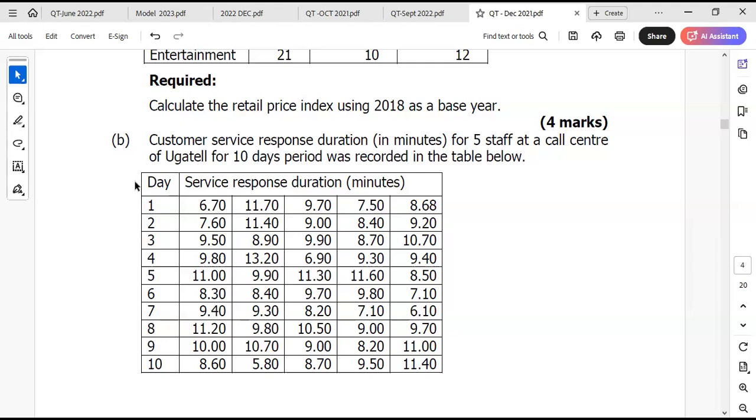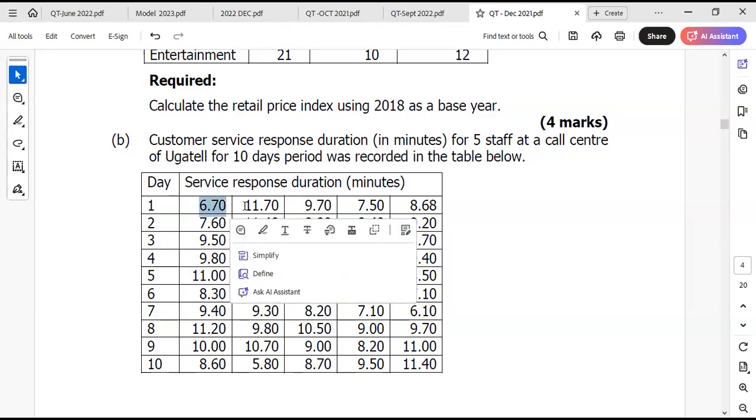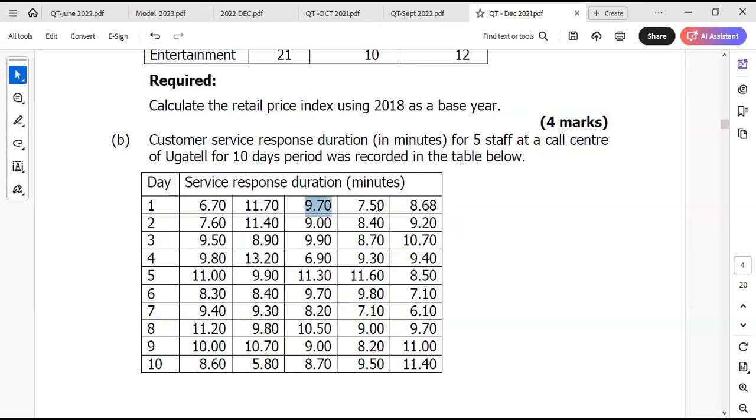Customers normally call with complaints, or seeking advice or help. So you are observing how long these staff take to respond to a customer. On day 1, the first staff takes this, the second staff takes this, the third staff takes this. This is what you're observing.